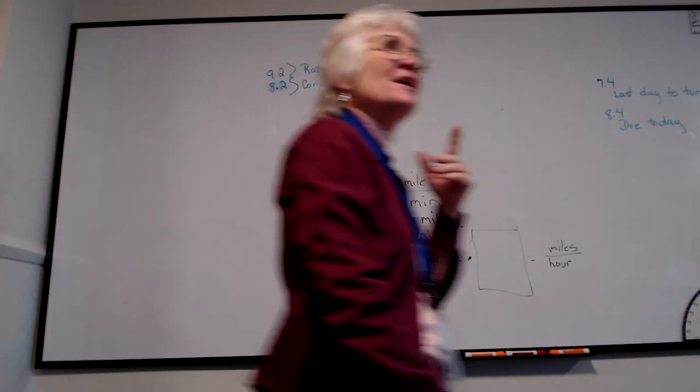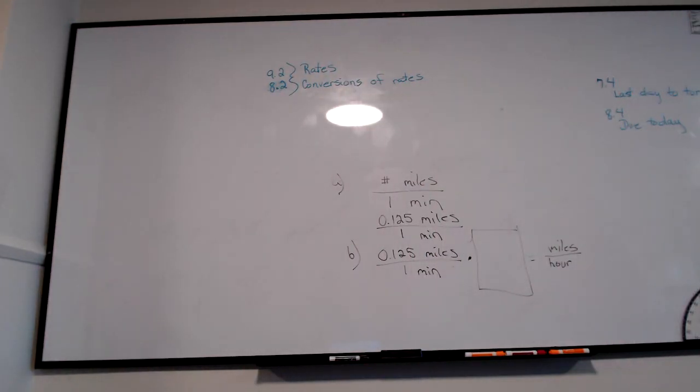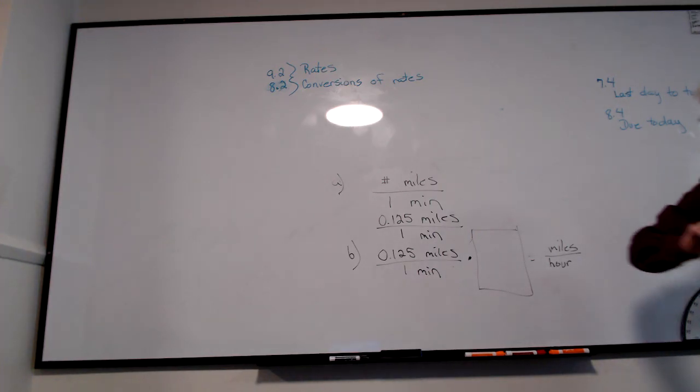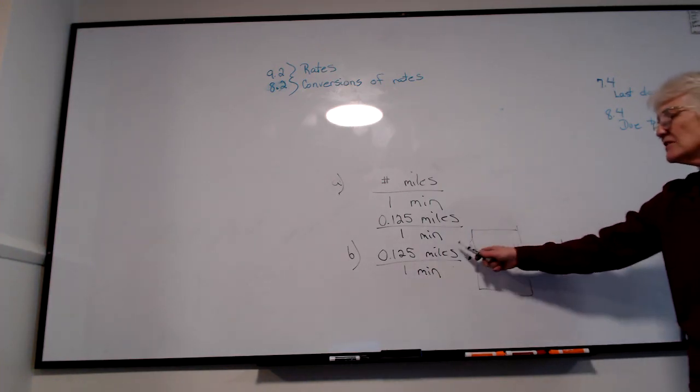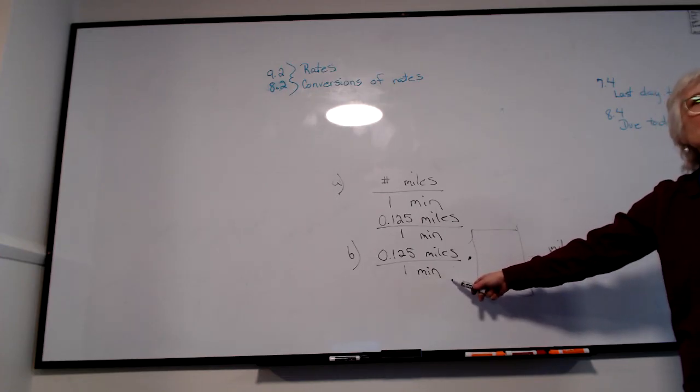I have a question right here. Everybody listen, please. I have asked you to do it this way. I told you, you won't want to do it this way, but it's going to cause a lot less confusion, okay? What do I want to convert from? I have miles per minute, correct?